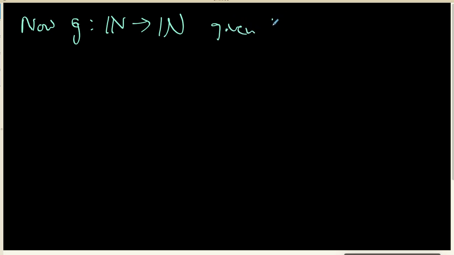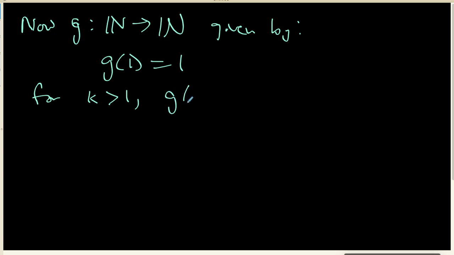Alternatively, let's look at the next example. Let g go from the natural numbers to the natural numbers given by a piecewise function. g of 1 is going to be 1, and for k strictly bigger than 1, g of k is going to be k minus 1. g is going to have this kind of arrow diagram.